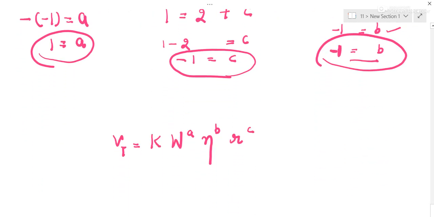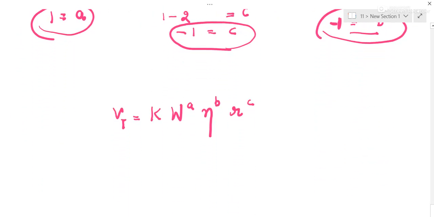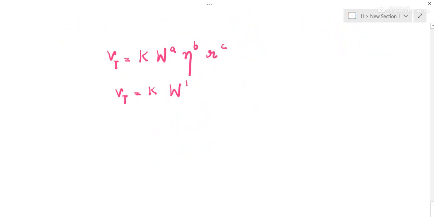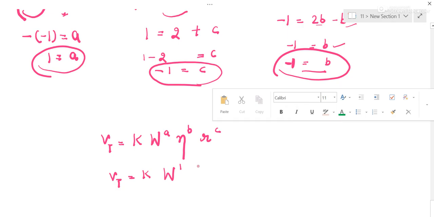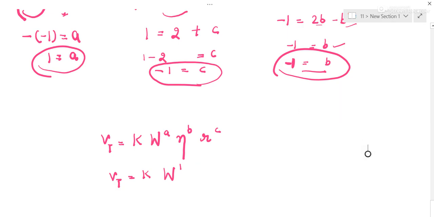So we'll substitute now values. A is 1. So weight to power 1. B is minus 1. And C is also minus 1.